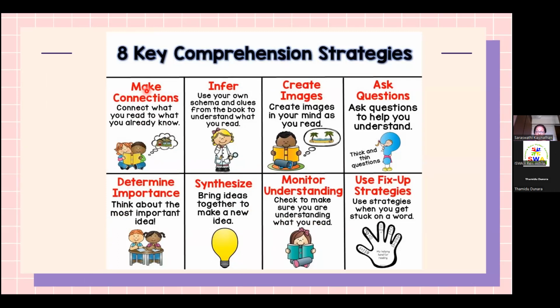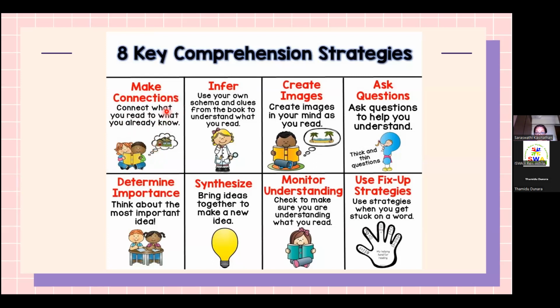Whenever you read your story, it is important to make connections. Connect from what you read to what you already know. I believe I also mentioned this last week, right? Whatever you read, if it's something that you have not experienced, connect it back to what you have experienced before. I'm very sure there's something very similar back at home or back in your own life.